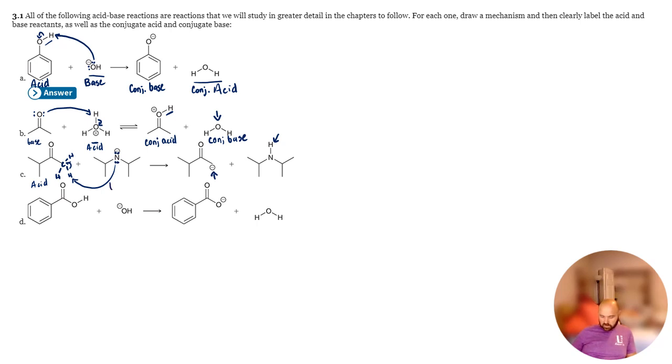This is the base because it receives the proton. This then is the conjugate base, and this is your conjugate acid. I think that's enough demonstration for those, and I'll leave the last couple to answer for you.